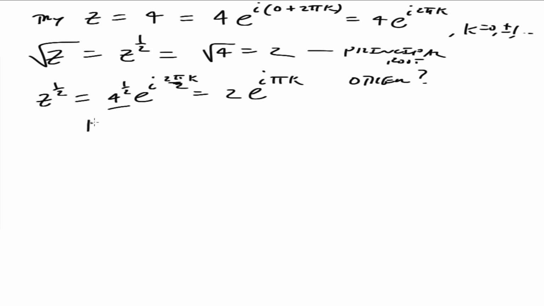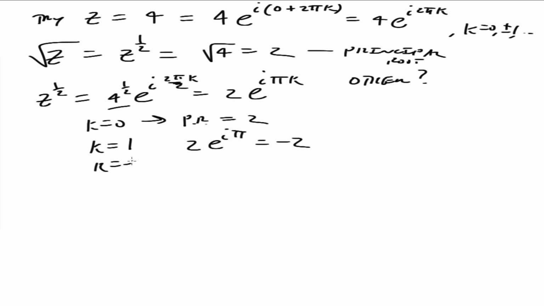We can see that for k is equal to 0, we get the principal root equal to 2. And now k is equal to 1. We get 2 e to the i pi, which of course is negative 2. What about k is equal to negative 1? Well, we get 2 e to the negative i pi, which is also negative 2. All right, so that looks good.